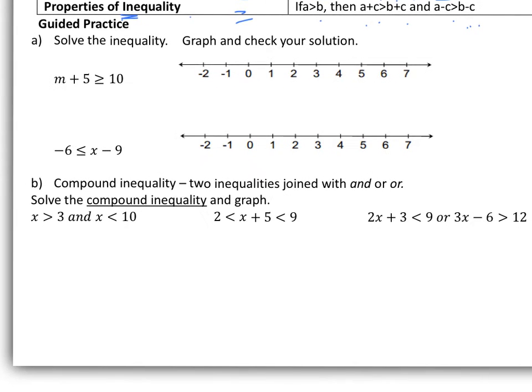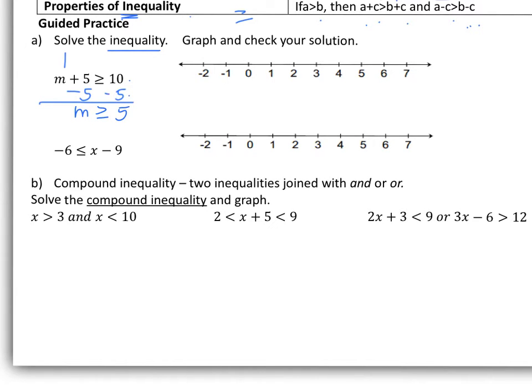Okay, part A, let's solve the inequality. And then we're going to graph and check the solution. So solving an inequality is very similar to solving an equation. So I'm going to subtract both sides by the opposite of positive 5, which is -5, because I need to isolate the variable to one side of the inequality. 10 minus 5 is 5.